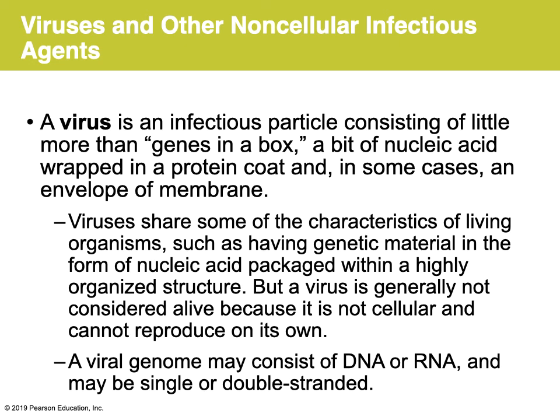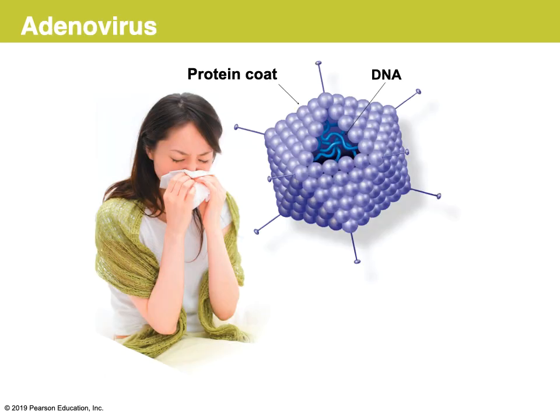Now, the viral genome can be DNA or RNA, and it can be single or double-stranded. Right? And here's your classic adenovirus. So inside that protein coat, the protein represented by these little gray spheres, if you snip a little hole in there and look inside, there's DNA, and that's it. That's all the virus is. It's genetic material in a package.